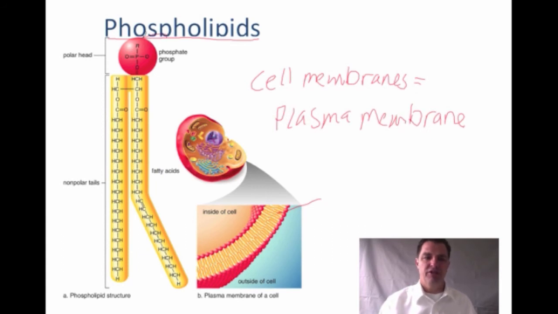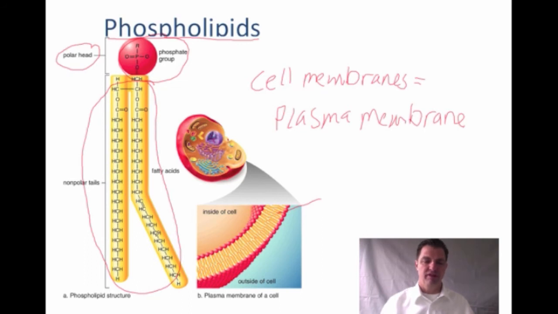They have this region up here called the phosphate group, which we'll call the polar head. It's polar because things like water can stick to it. Down here, these are the non-polar region. So this is the fat really portion of it. And this is non-polar, which means it has no sort of really negative or positive charges, so water does not stick to this part.